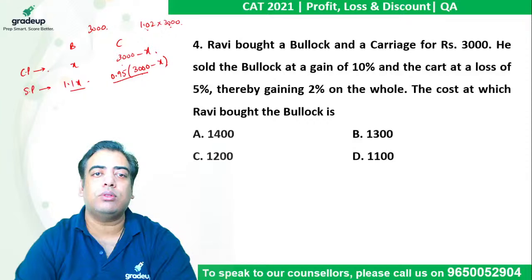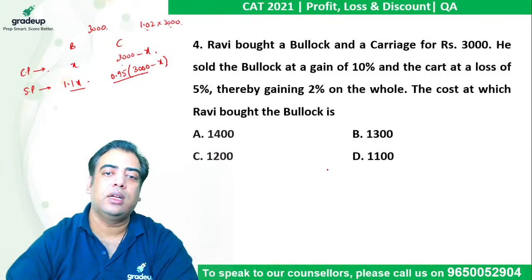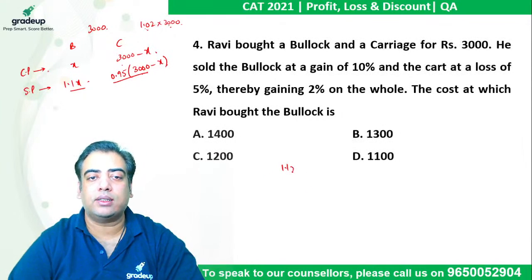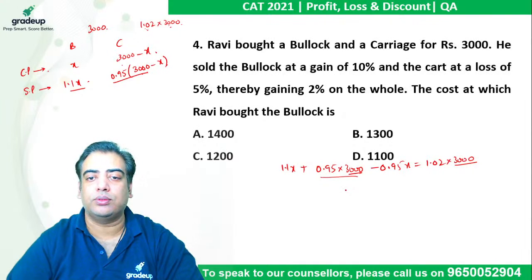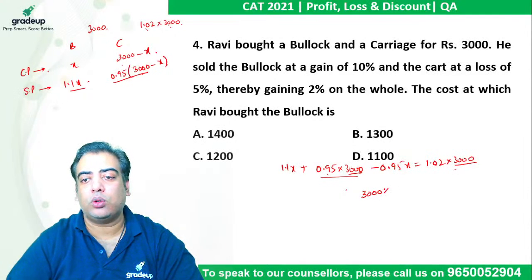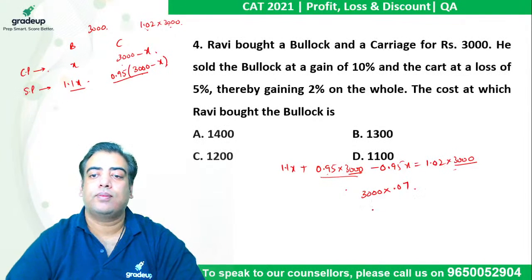Now we just need to do the maths to find the value of x. So it gives me 1.1x plus 0.95 into 3,000 minus 0.95 into x equal 1.02 into 3,000. So when we take this term on the other side, we can take 3,000 common out of these two. Alright, so 3,000 into 1.02 minus 0.95 comes out to be 0.07.